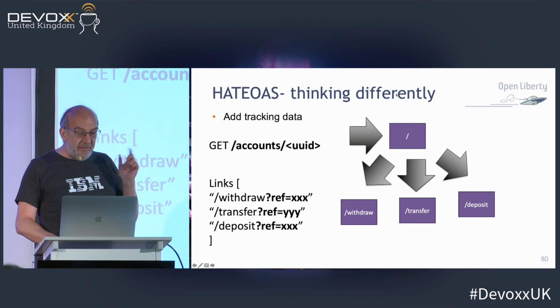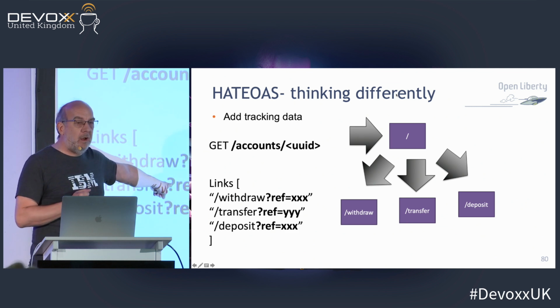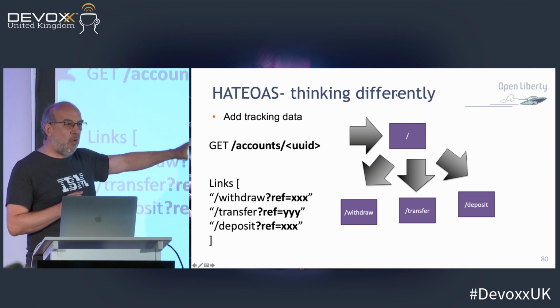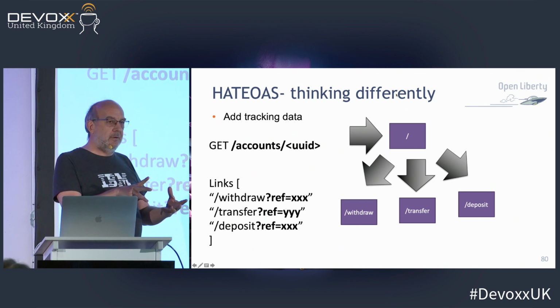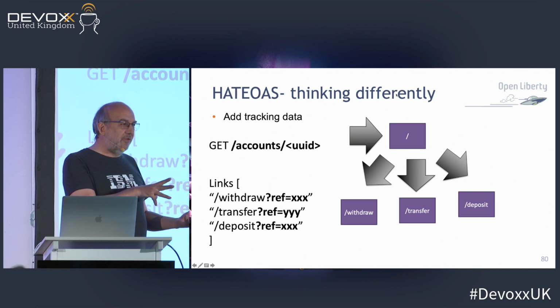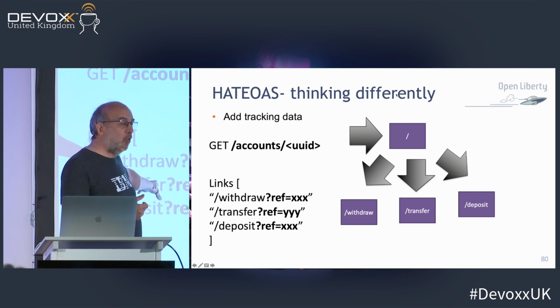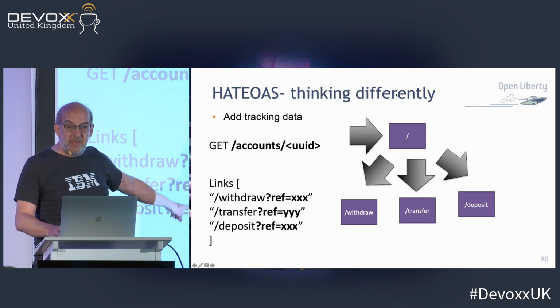Okay. And then I start adding information into the URL that lets me track the caller. So I'm not adding state, right? I'm not tying these endpoints to a particular, there's no affinities here, but I'm putting information into the call. So this guy makes a call, I give you some responses, and I give you some unique data.